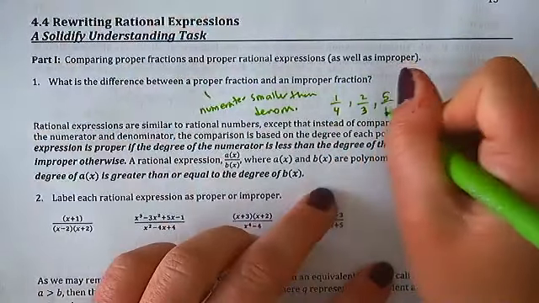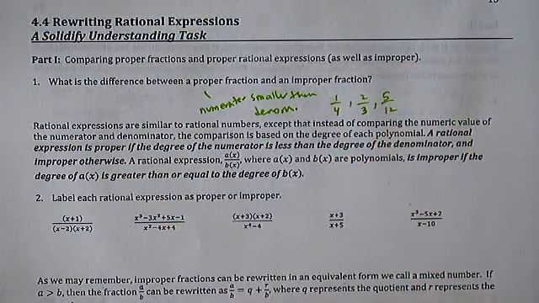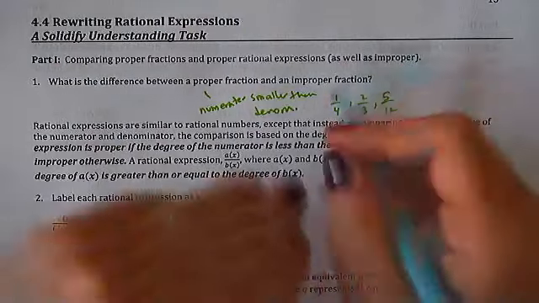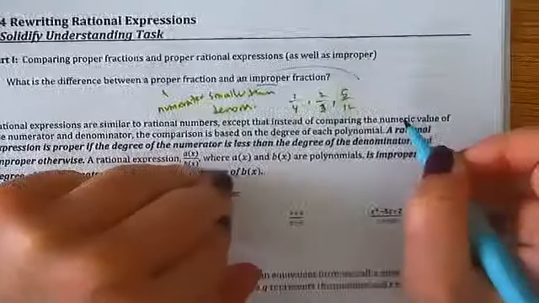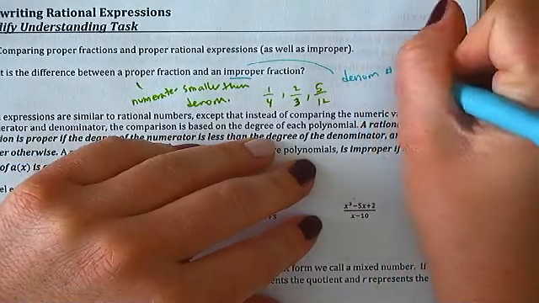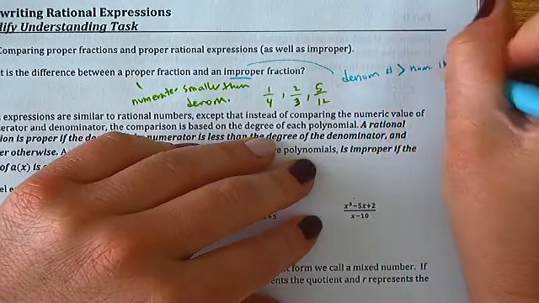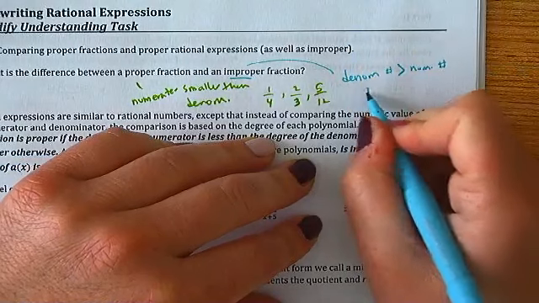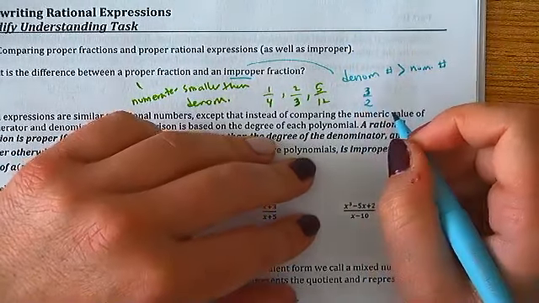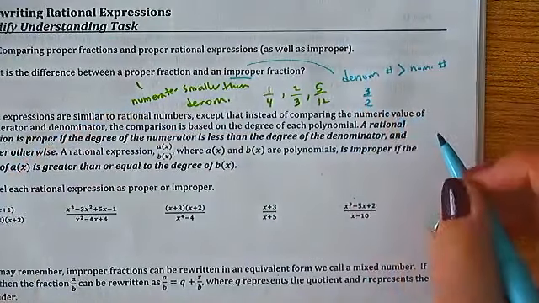Or 5/12. So that's a proper fraction. And then an improper fraction is when the numerator is actually greater than the denominator. So for example, 3/2 is an improper fraction, okay?